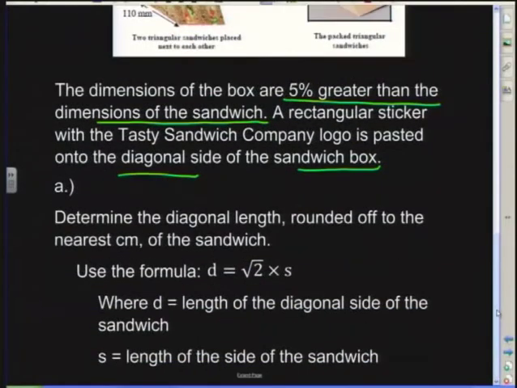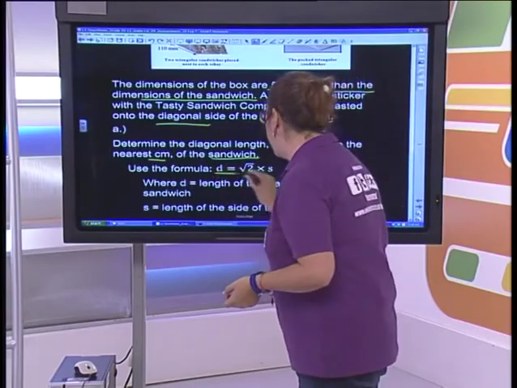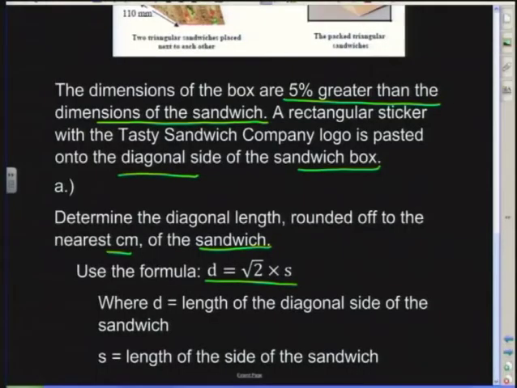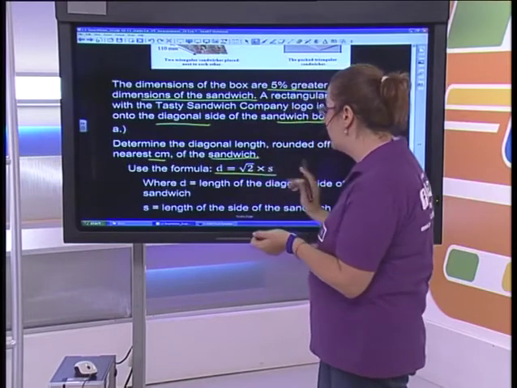Let's see what the question says. Determine the diagonal length, rounded off to the nearest centimeter, of the sandwich. So we're going to work out the diagonal length of the sandwich. And it gives you a formula to use, where D is the length of the diagonal, and S is the side, so D is the square root of 2 times the side.